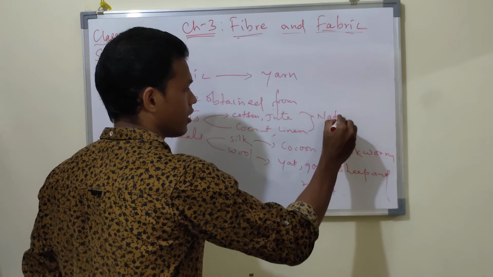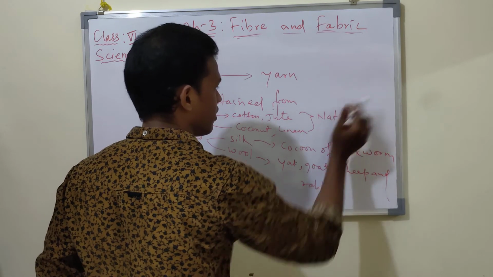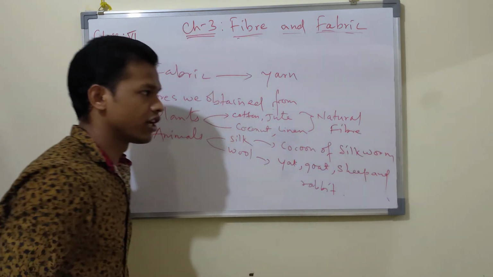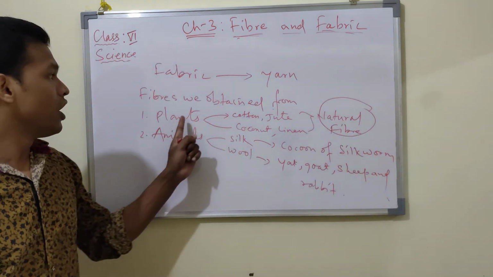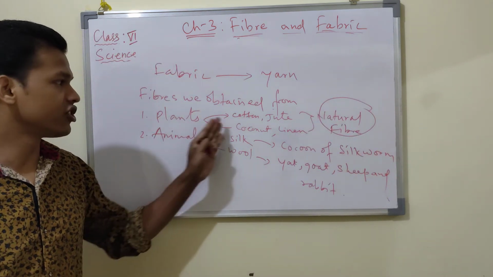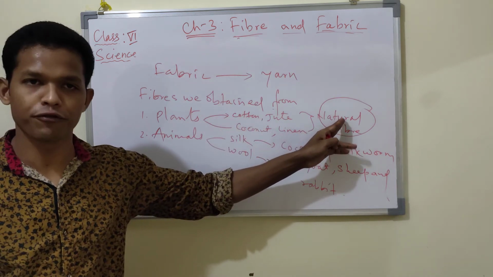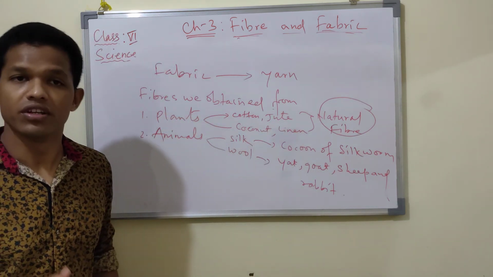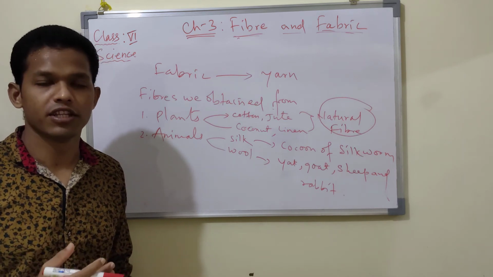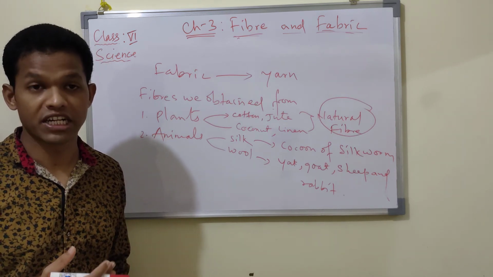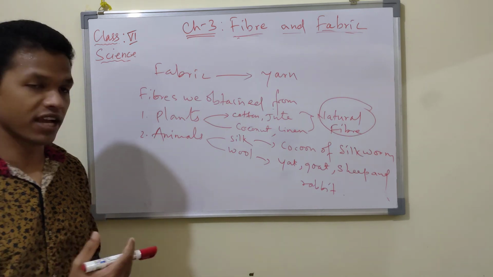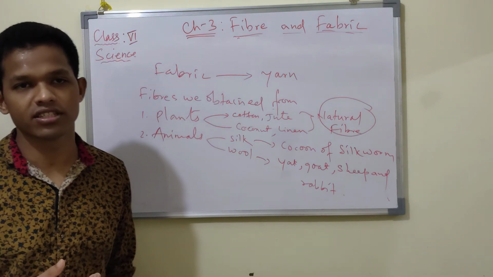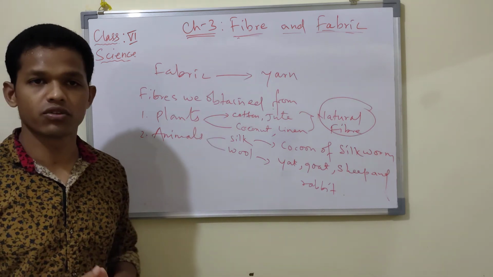Thousands of years ago, fibers were made from nature. But in the last 100 years, they have started to make fibers using chemical substances, which is called synthetic fiber.